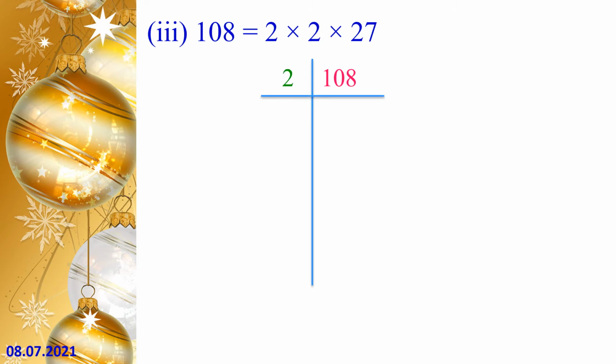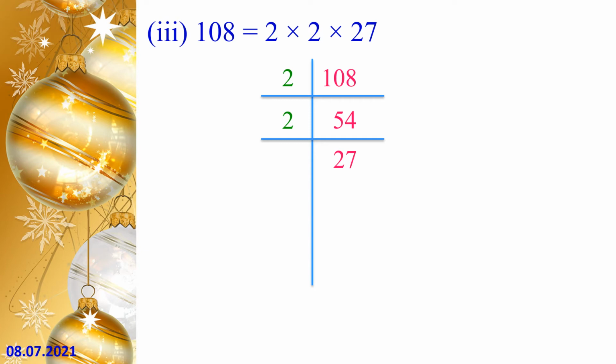So 108 divided by 2, we get the quotient as 54. Next, 54 is also divisible by 2 because 54 is an even number. So let us take the another divisor as 2.